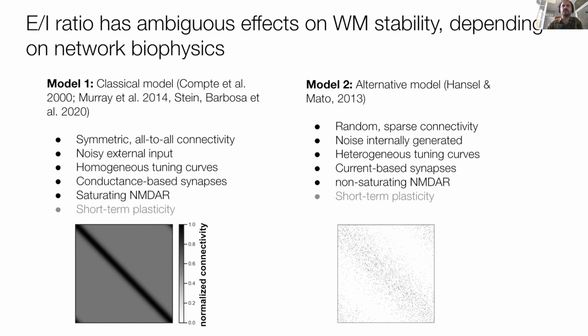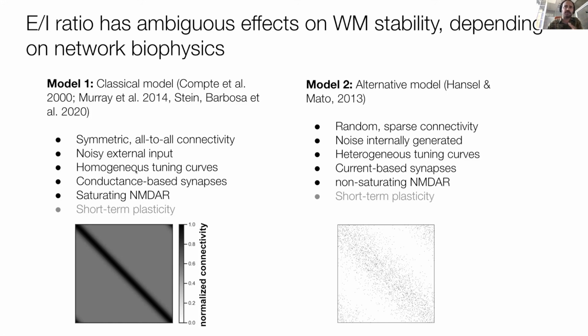In this case, the noise is internally generated by the randomness in the connectivity, while in the other case the noise is generated by an external input. We stimulate all the neurons in this network with a very strong, noisy external input, and that's how noise arises in these simulations and in Murray's simulations.